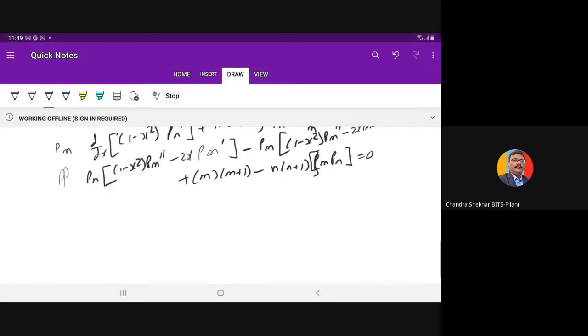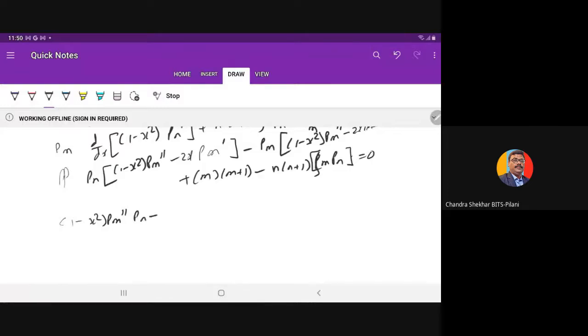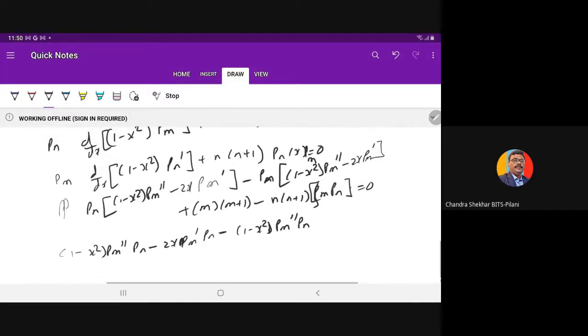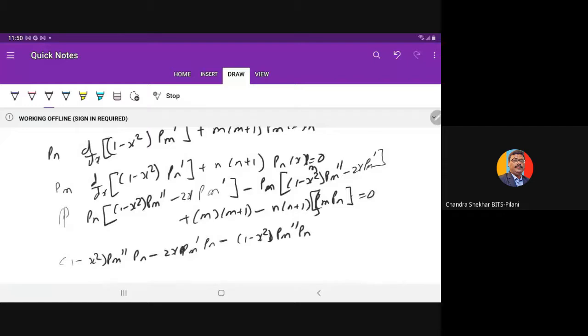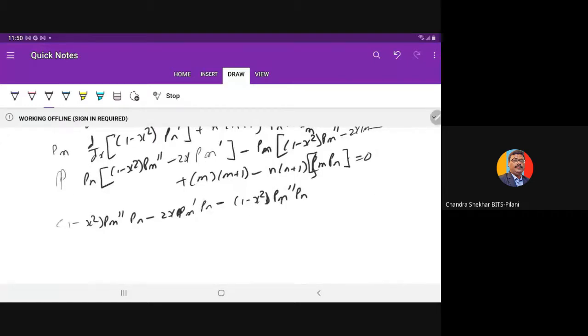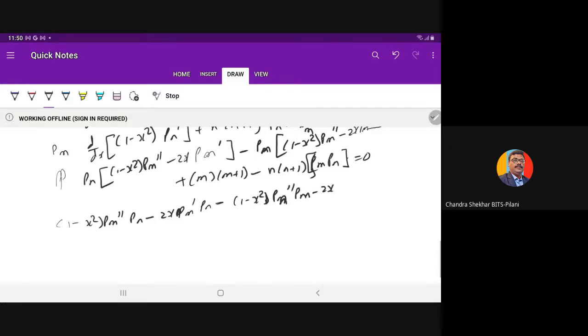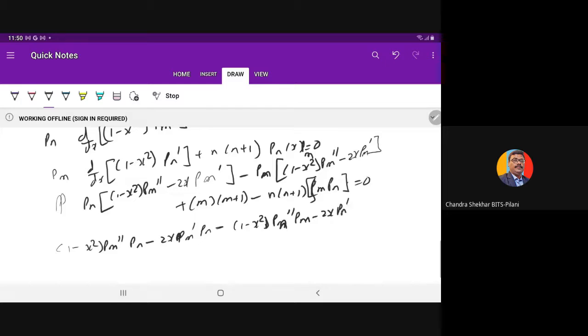Now if you write this, it will be (1 minus x square) Pm double dash Pn minus 2x Pm dash Pn, minus (1 minus x square) Pn double dash Pm, and plus 2x Pn dash Pm.